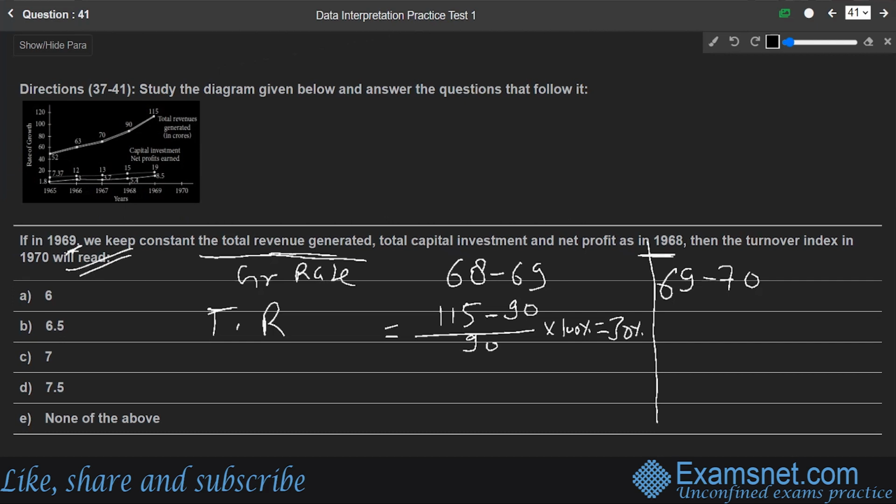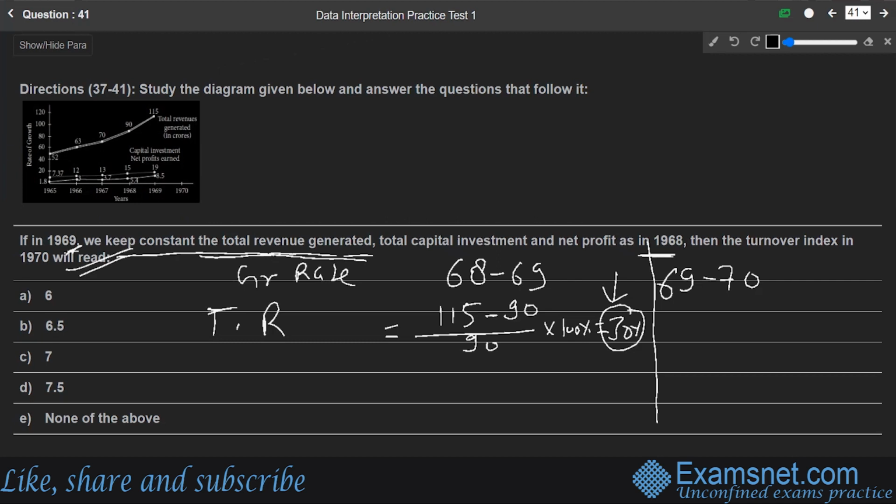Now, he wants us to keep the total revenue generated constant. So the total revenue is to be kept with the same growth rate, that is 30% itself. So we have to generate the 30% growth in 69 to 70 as well. In 69, the value is 115. So again, the same growth rate should be registered.